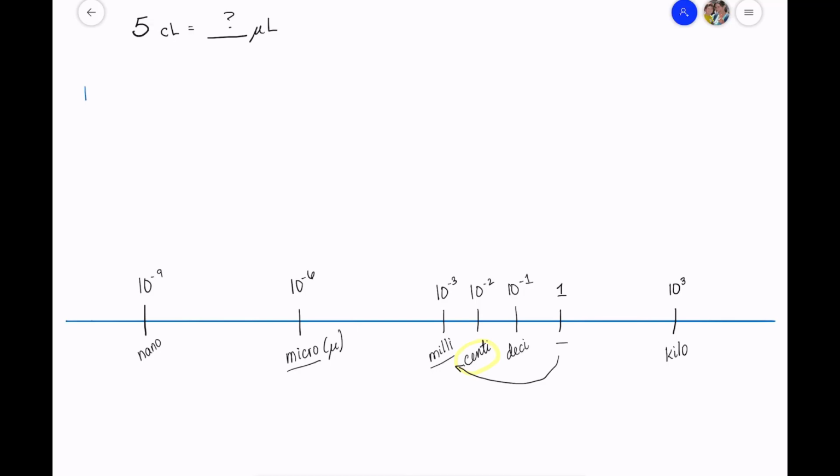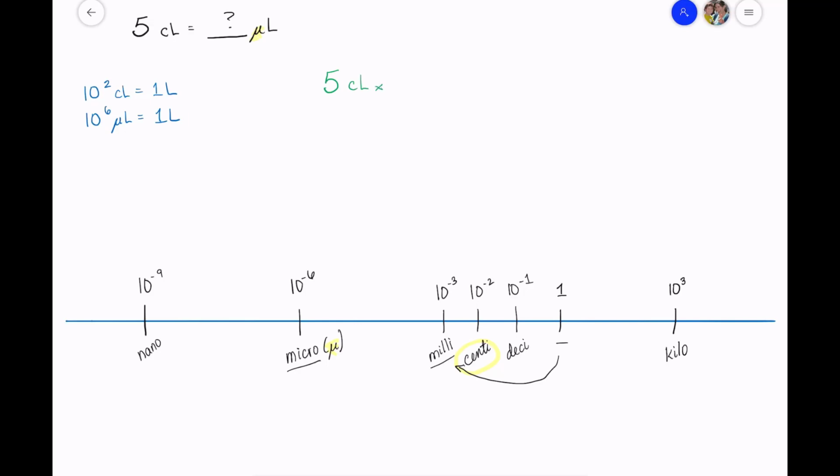I know that 10 to the second centiliters is going to equal 1 liter. And then I'm also going to look at micro. And so micro, I have 10 to the 6 microliters equals 1 liter. Now that I've set those up off to the side, now I'm going to go ahead and try my problem.